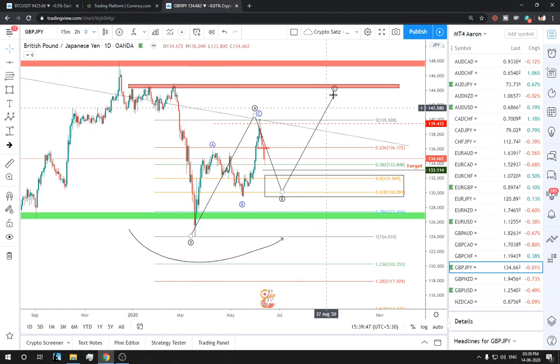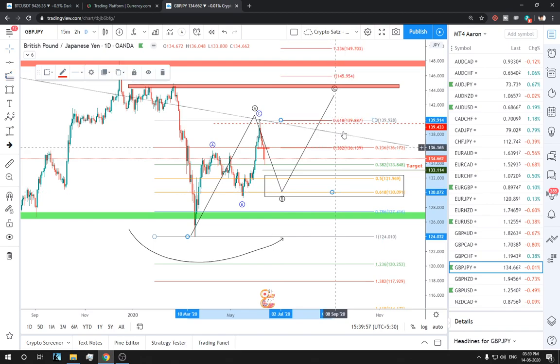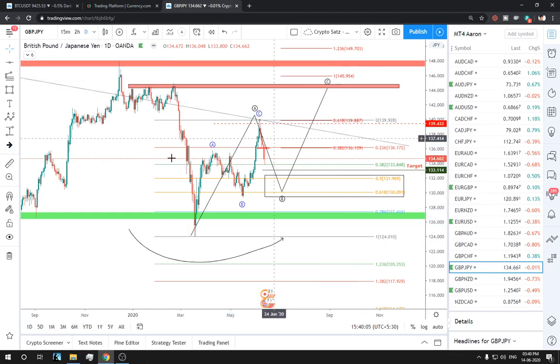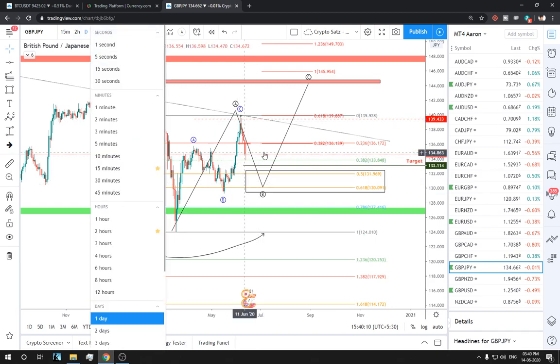So first target would be a double top, and second target would be this, and then around this resistance, and then it might move down. Not in the coming weeks, but in the coming 2 to 3 weeks, because this is on the daily time frame.